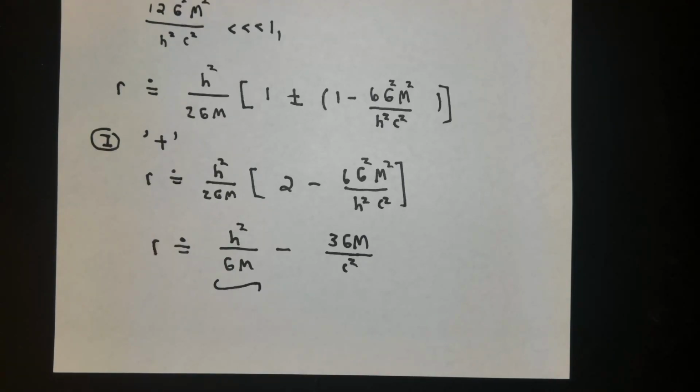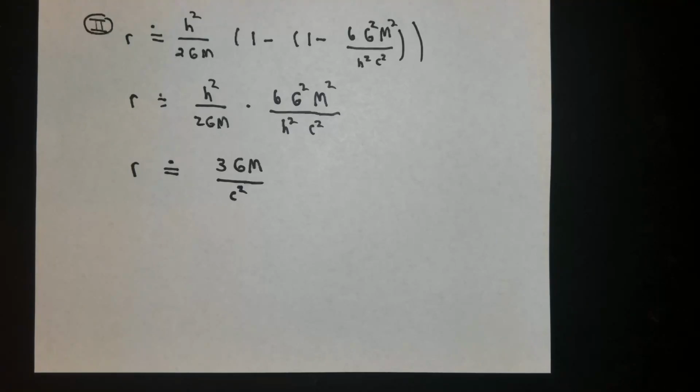The meaning of this is, if 12 G squared M squared over h squared c squared is very small compared to 1, the result that we get for a circular orbit is for it to have r coordinate equal to h squared over GM, which, if we think in analogy to the Newtonian case, is what we should get.